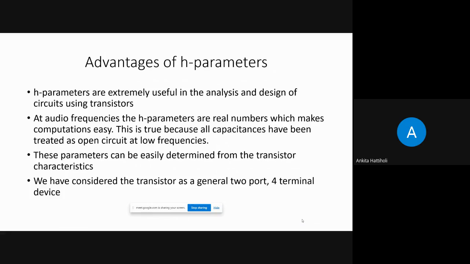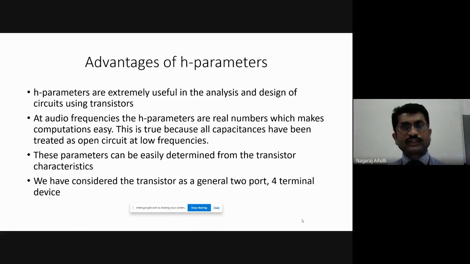Yes, sir. Okay. The first advantage is that H parameters are used to calculate the performance parameters. That is, they are used in the design and analysis of circuits involving transistors. The second advantage is that at low frequencies, the reactance is very high, so capacitors act like an open circuit.